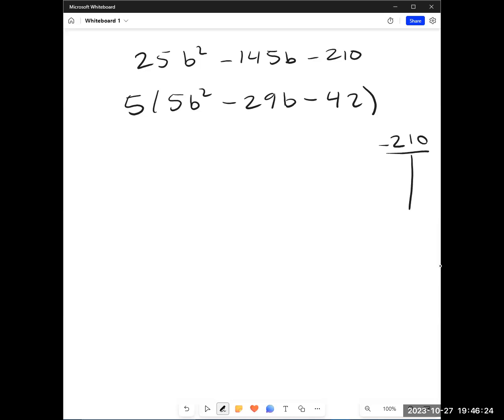And find factor pairs of negative 210. 1 and negative 210. 2 and negative 105. 3 and negative 70. 5 and negative 42. 6 and negative 35. 7 and negative 30. 8, no. 9, no. 10 and negative 21.